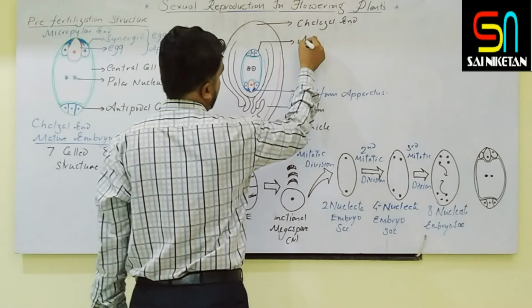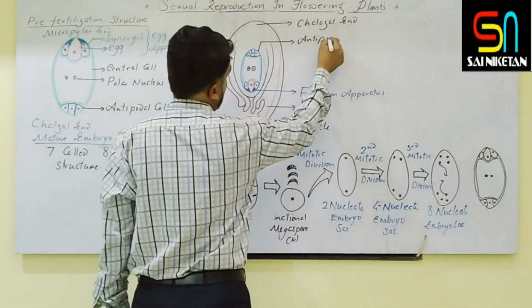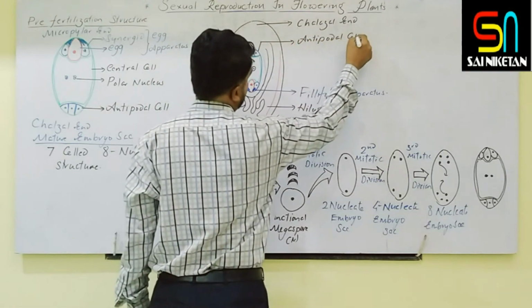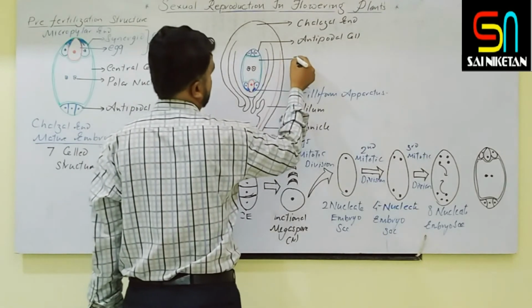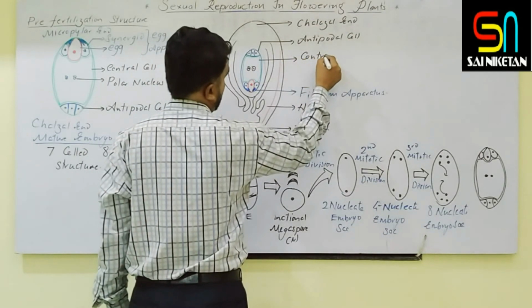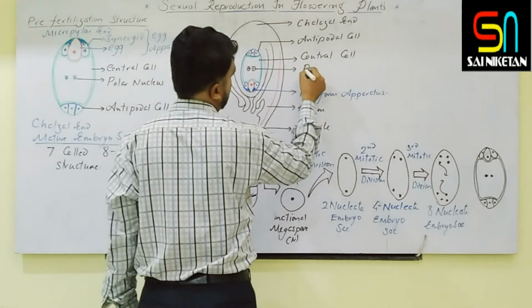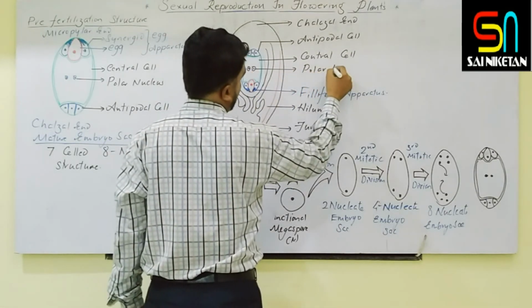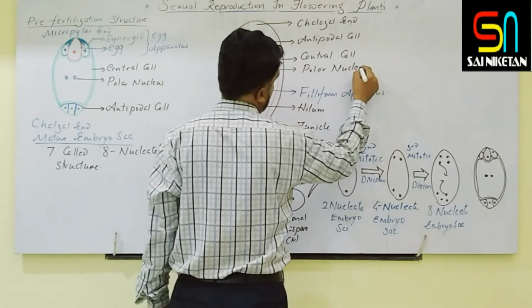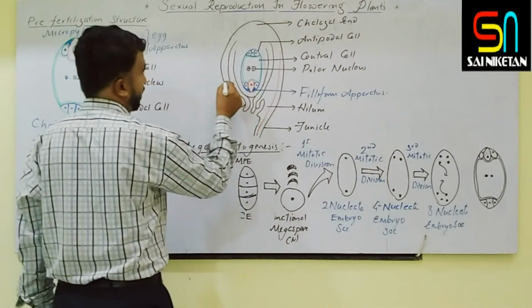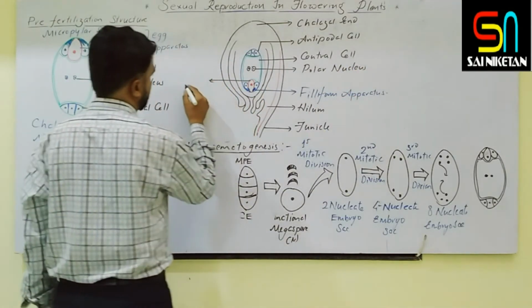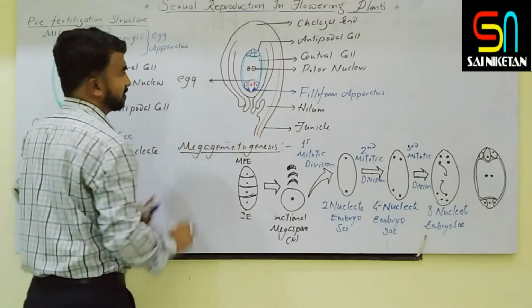These cells are called the antipodal cells. This is the central cell. These 2 nuclei are the polar nuclei, and this red color figure is nothing but the egg.